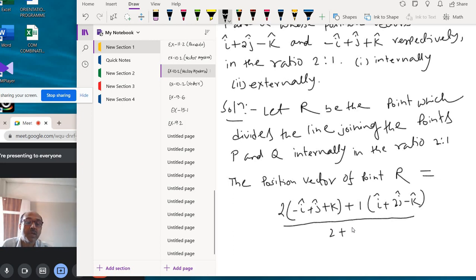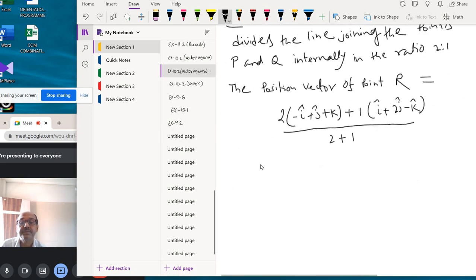This equals minus 2i plus i, that is minus i, plus 2j plus 2j is 4j, plus 2k minus k is plus k.